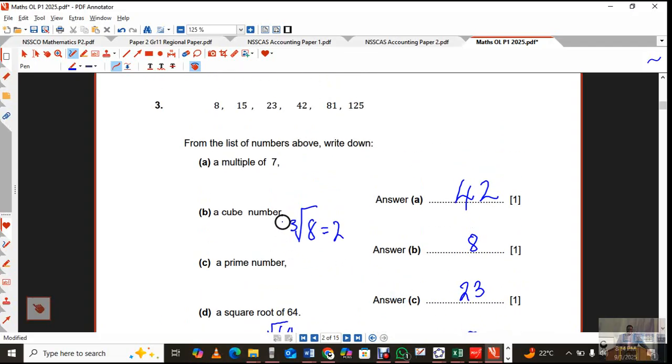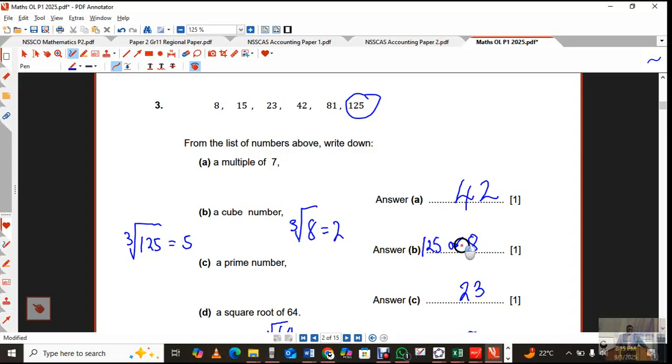So cube number, well, this is not the only cube number that you have over here. You also have this number here. This number is also a cube number because the cube root of 125 is 5. So another student could have used 8, or they could have written 125.